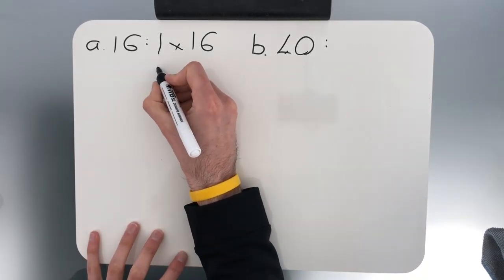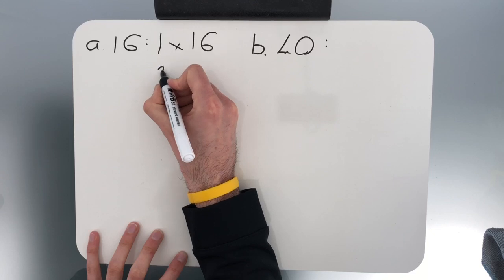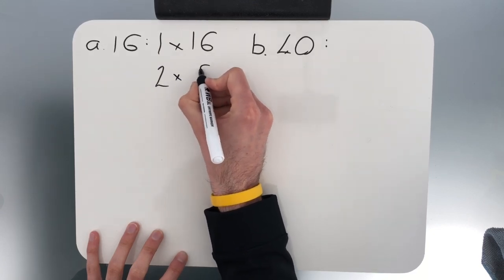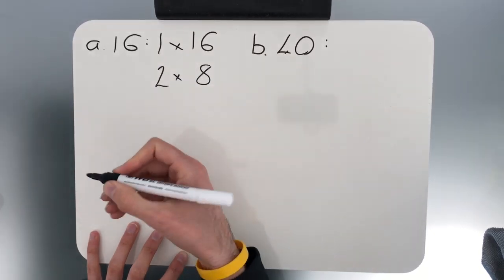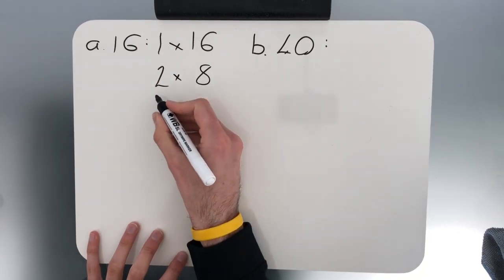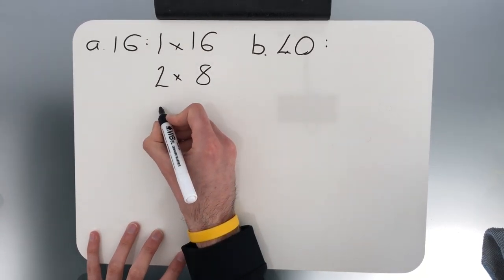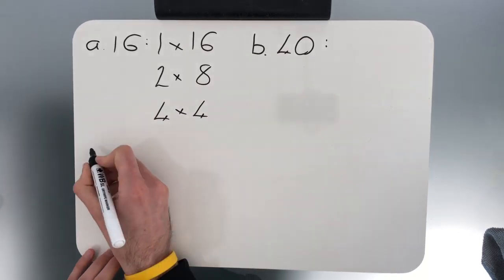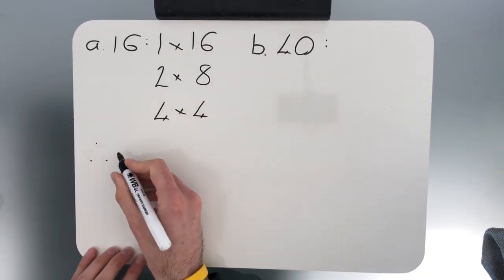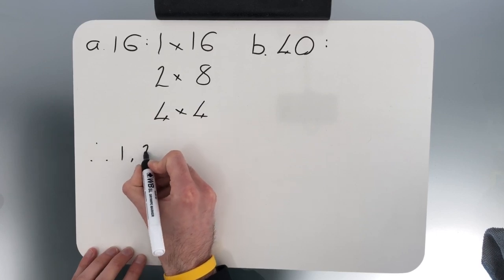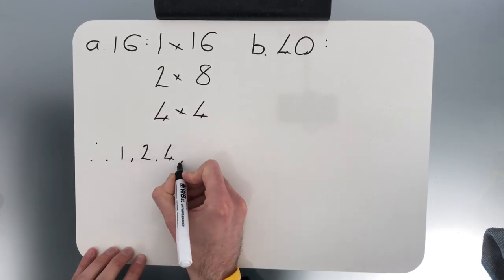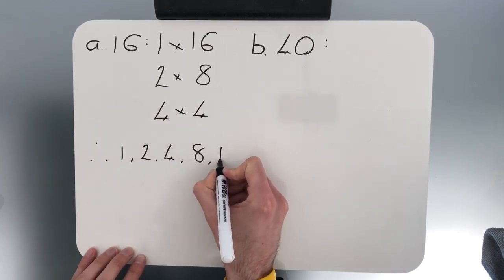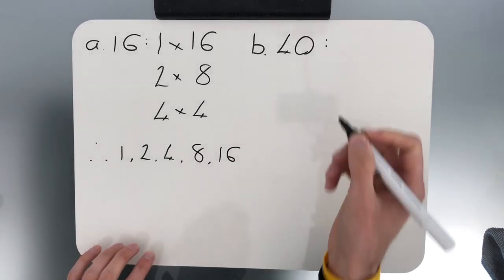Next, we try the next number up from number 1, and that will be 2 multiplied by 8. Then we could try 3, but we know 3 doesn't go into 16, so then we go to the next number that divides exactly in, which is 4 multiplied by 4. Therefore, we write them in a list. We have 1, 2, 4, 8 and 16.